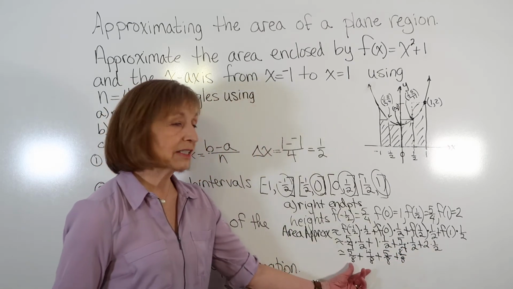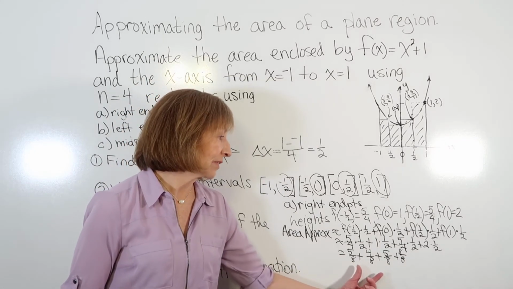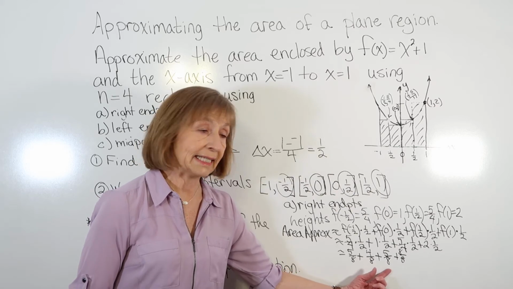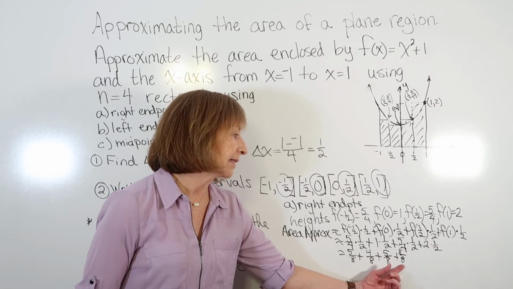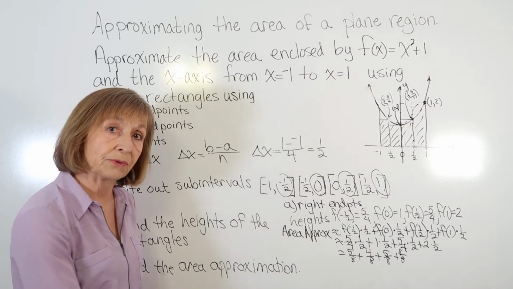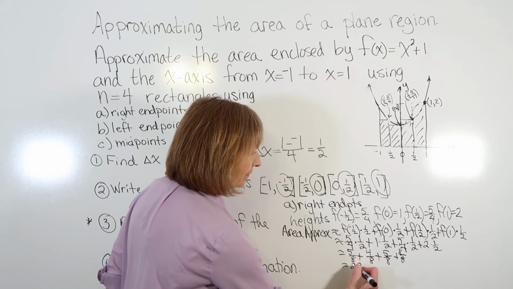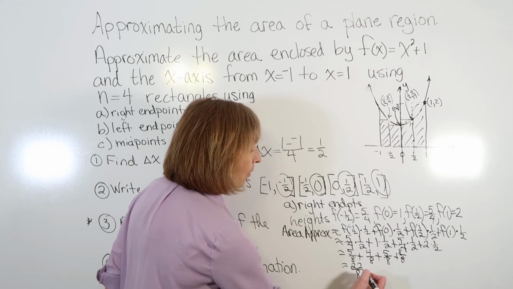So then 5/8 plus 4/8 is 9/8. And then I'll get plus 5/8 is 14/8, and then plus 8/8 is going to give me 22/8, or 11/4.